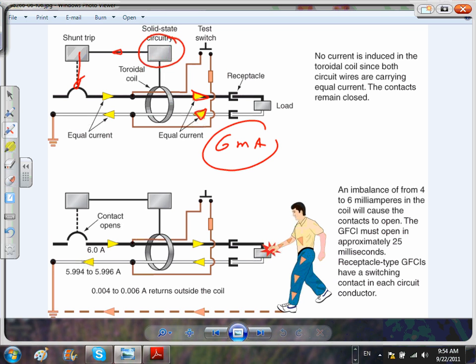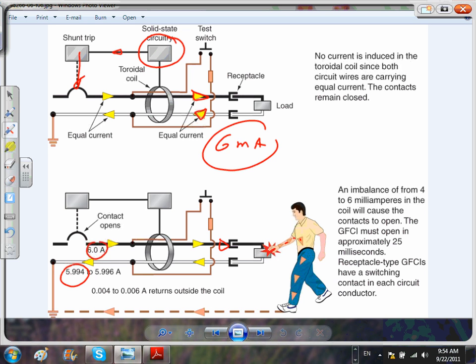So here's your friend Chad goofing around here. If this is energized and you have 6 amps going out, look how small the amount that came back is, 5.994. Very small losses.